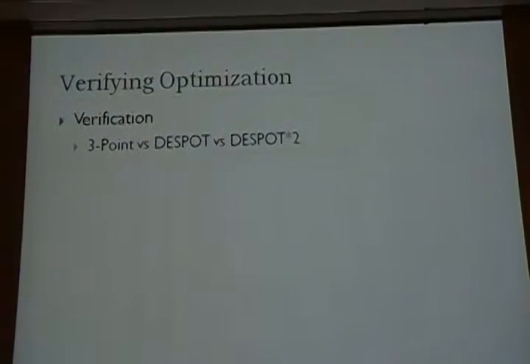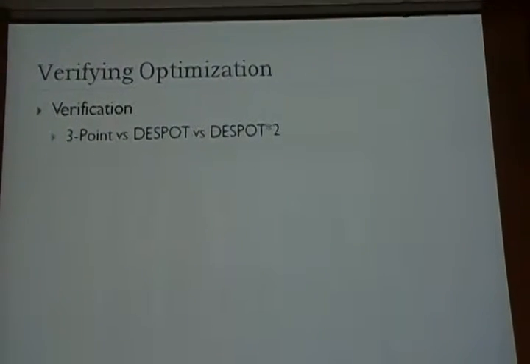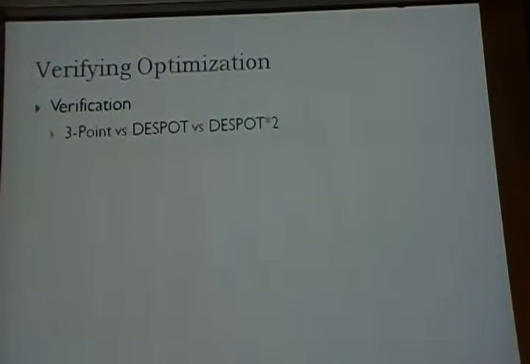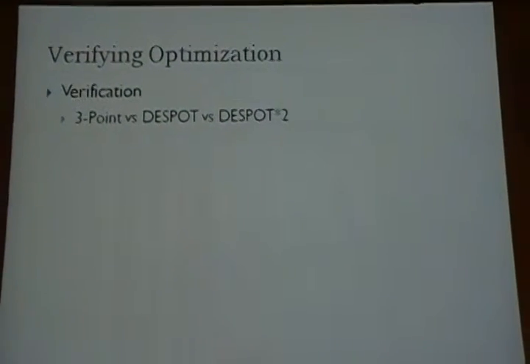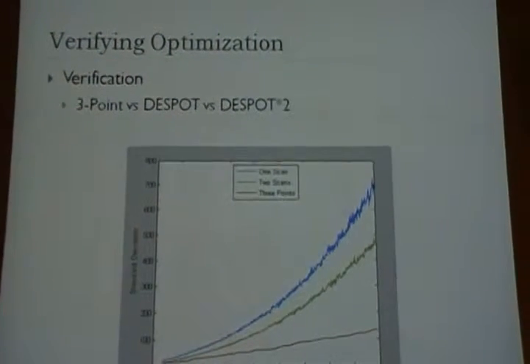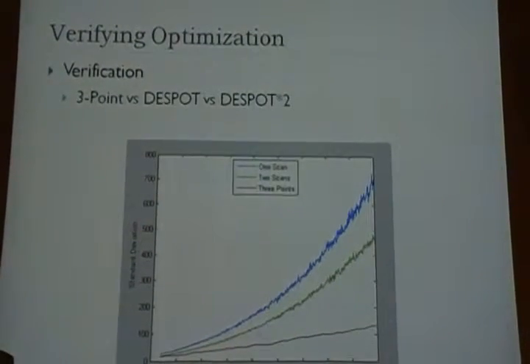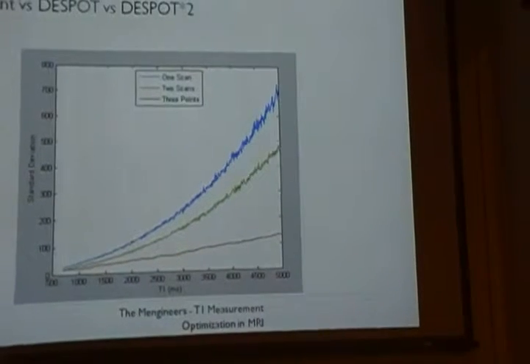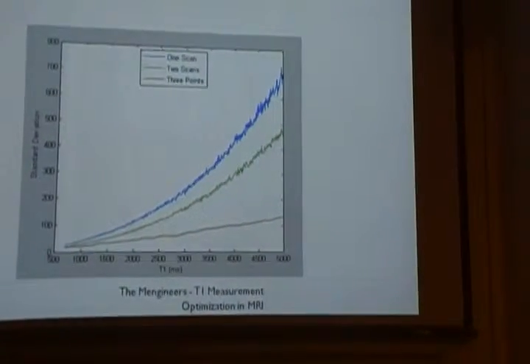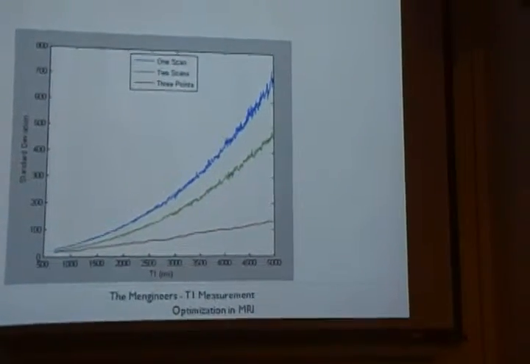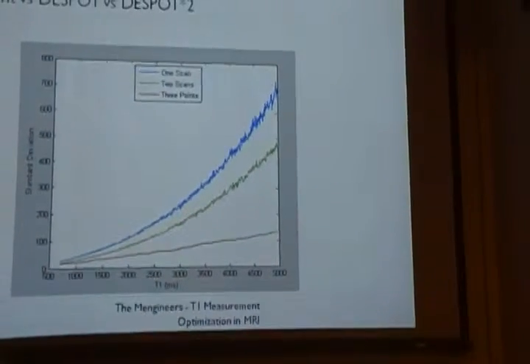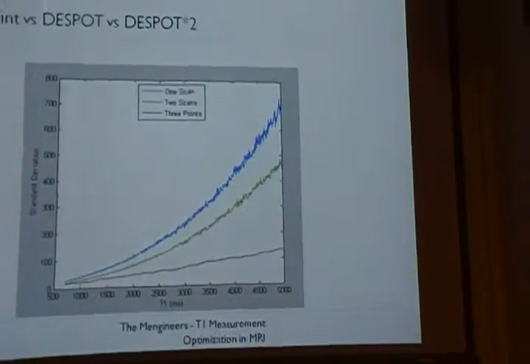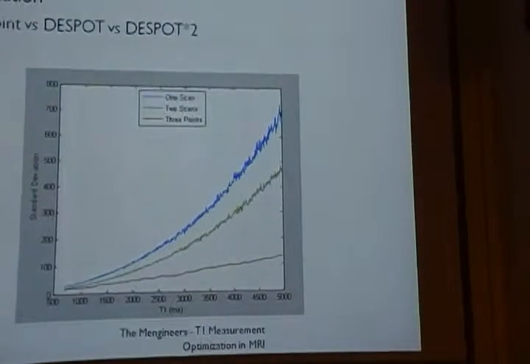So to further make sure that our technique is better than running the DESPOT scan twice, which takes about the same amount of time as running our 3-point scan all the way around, we had to pit it against 2 versions. We have the DESPOT1 in blue and the DESPOT2, or DESPOT times 2, in green, which, when you run a scan with the same parameters a second time, you increase the SNR by a factor of square root of 2.